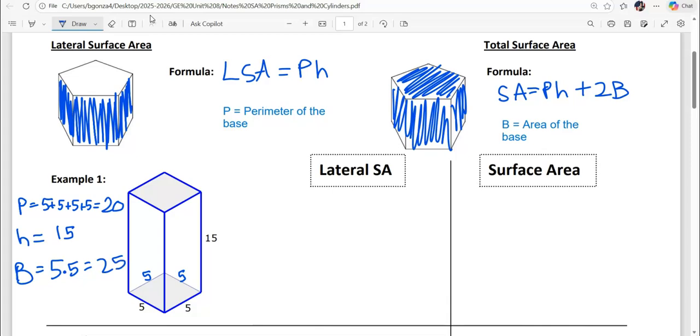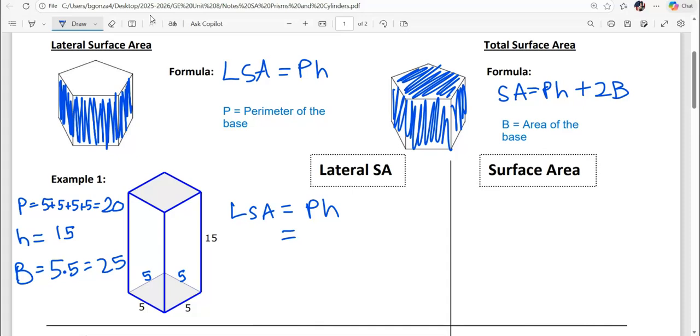Was any of this too crazy so far? It's a softball, hopefully. So you add up the perimeter on the bottom, you find the height, you multiply to find the area of the base, and now you're going to plug stuff in to these formulas. So the lateral surface area, the LSA, is P times H. Well, what's P and H?